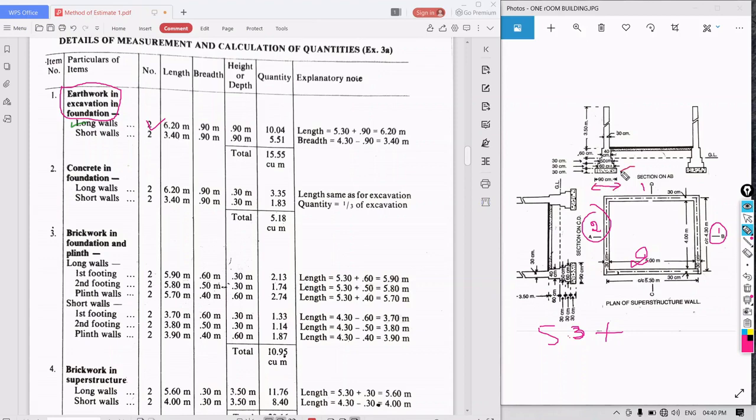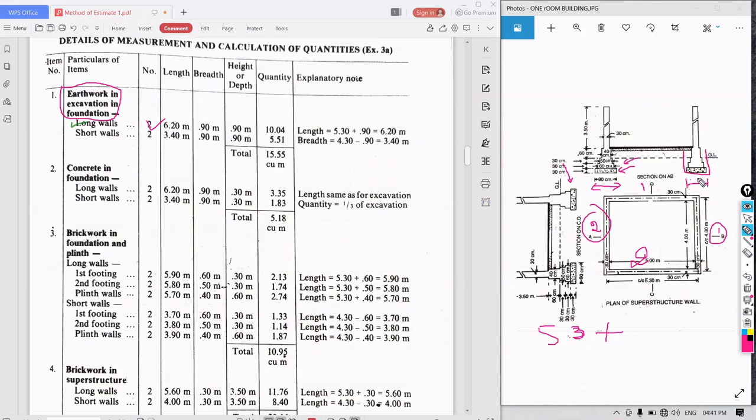See here, at the foundation level. Try to understand, my dear students. 5.3 plus 0.90, because we are excavating the earth for the trench. So we need this width.